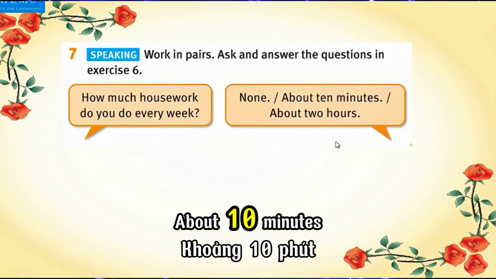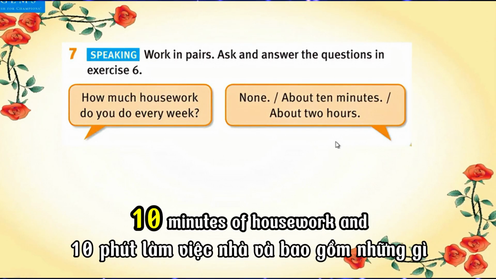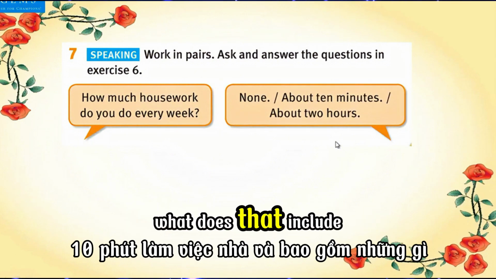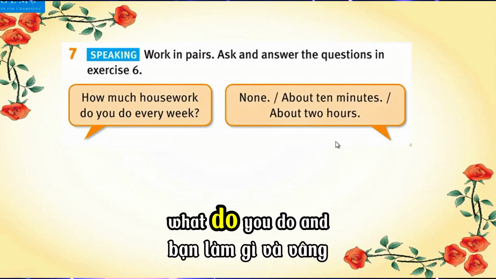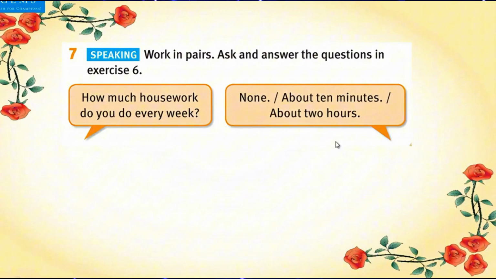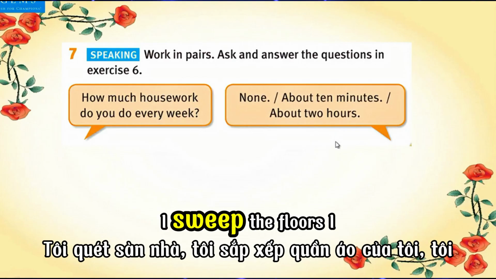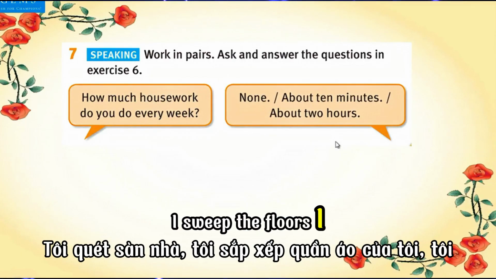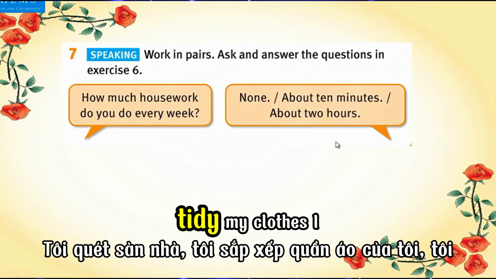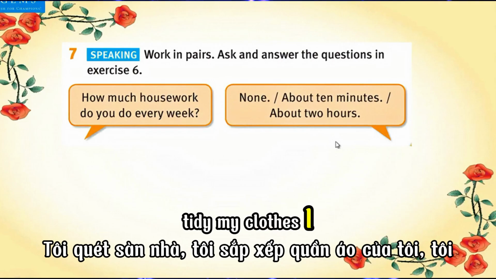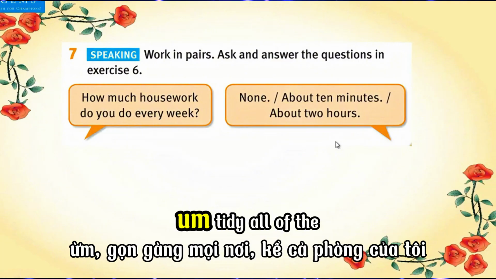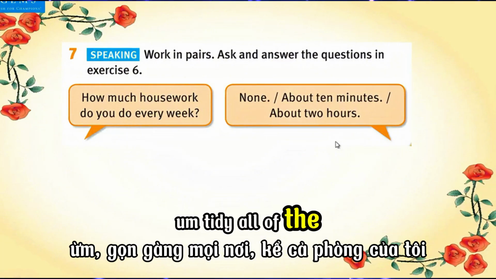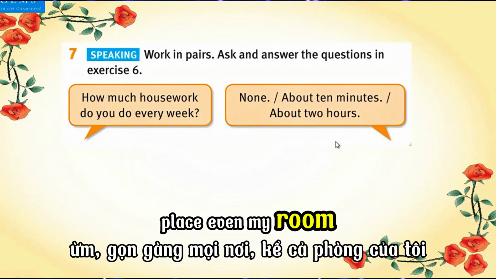About 10 minutes. 10 minutes of housework? And what does that include? What do you do? I sweep the floors. I tidy my clothes. I tidy all of the place, even my room.